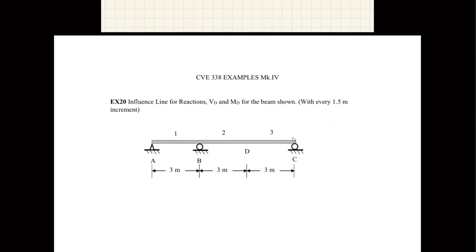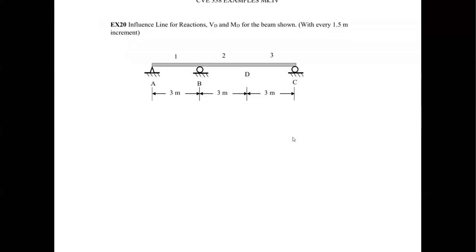Generally we're just going to turn this into the determinate structure. And again, my choice would be to turn this into the primary structure by removing the reaction at B. So this is what I have. This is my primary.